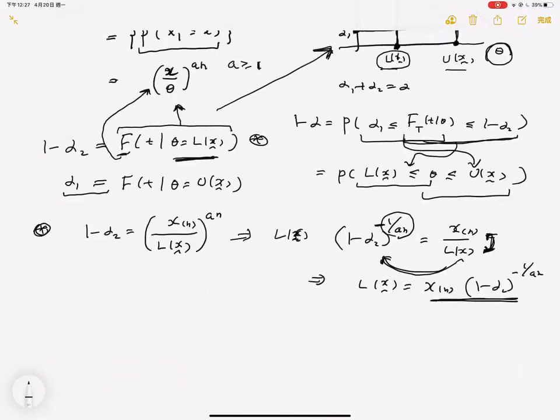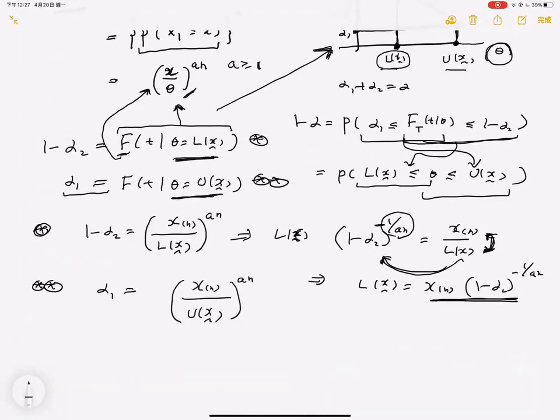And similarly, if you're working on the upper bound right here, then you will what? Alpha 1 equals, again, you plug in theta as the upper bound into where the CDF is. So I plug in, again, the upper bound. Then xn again as well, the CDF of xn, then with an, right here.